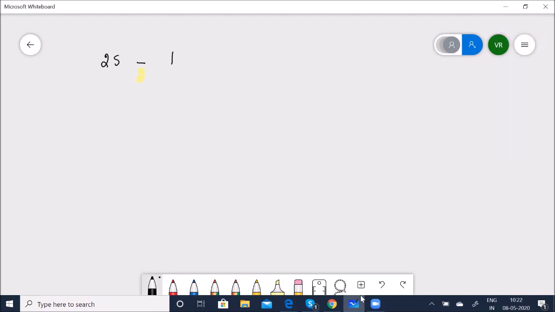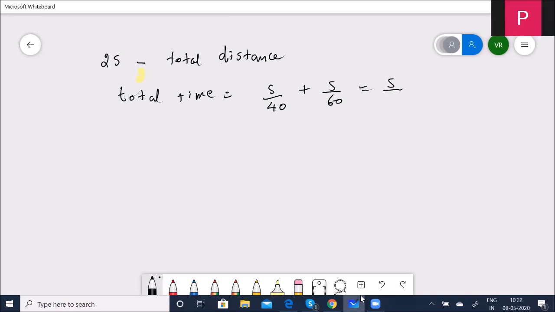So the total time taken is going to be, total time is equal to s by 40 plus s by 60, which is equal to s by 24. When you take the LCM and simplify that, you get s by 24.